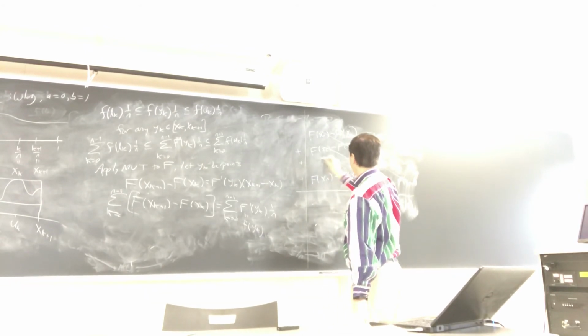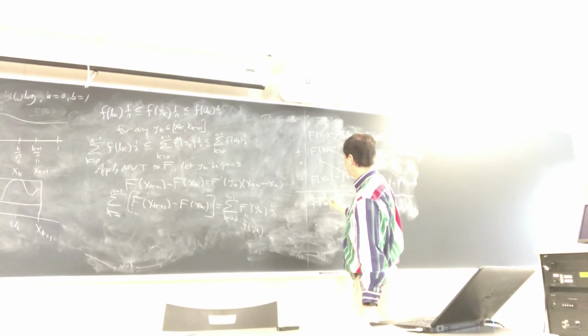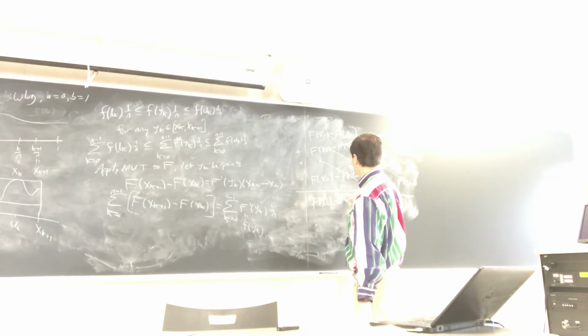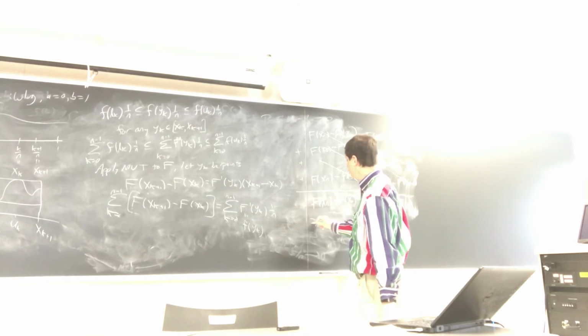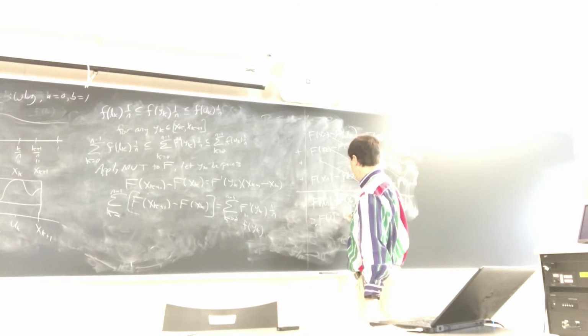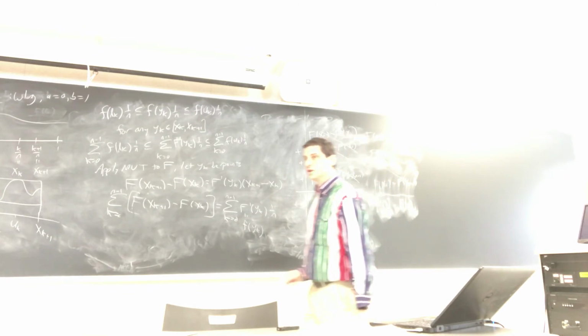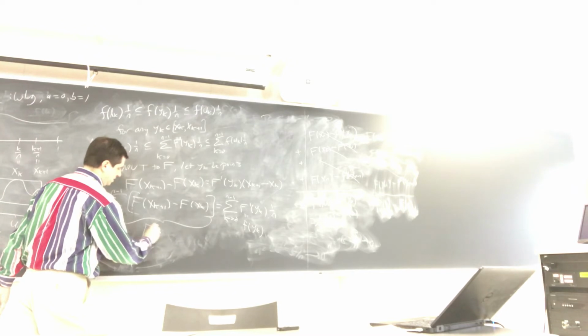So all these things cancel, and we're left with f of xn minus f of x0, or just f of 1 minus f of 0. So what's amazing is this is just f of 1 minus f of 0.